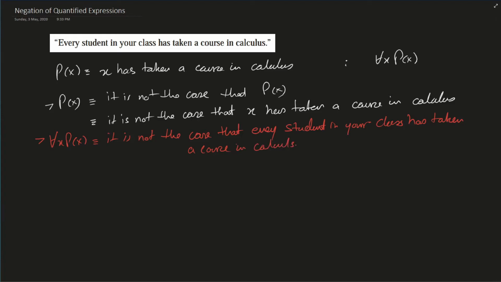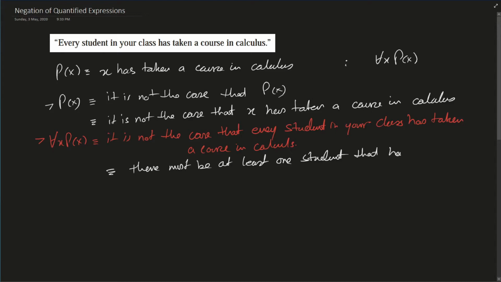Now, logically, if it is not the case that every student in your class has taken a course in calculus, this means there must be at least one student that has not taken a course in calculus.